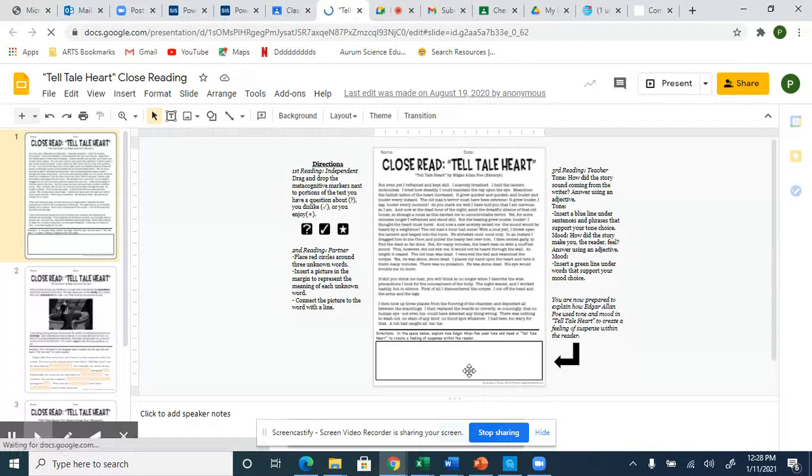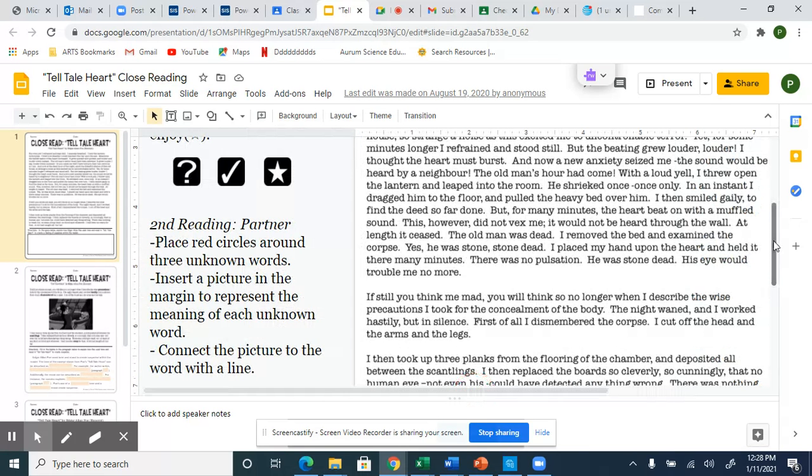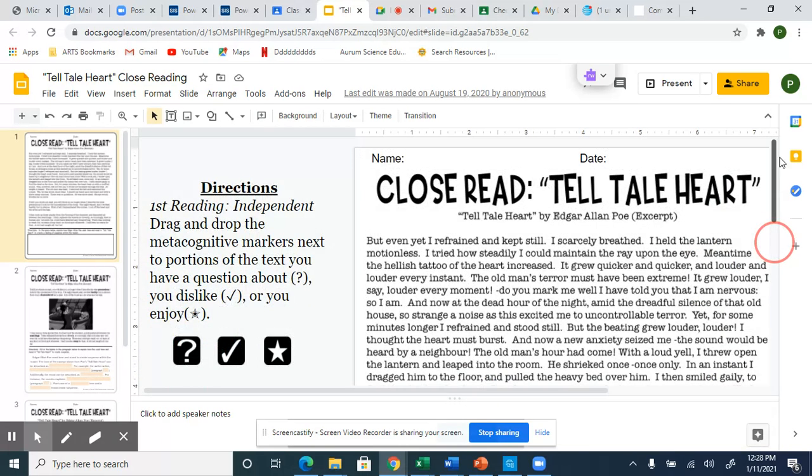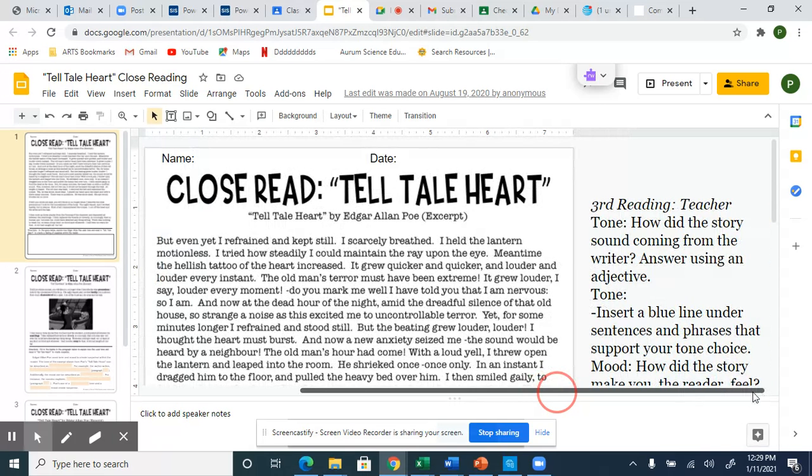All right. So if you can see right here, blow it up a little. So we have little independent drag and drops. You are going to read the story.